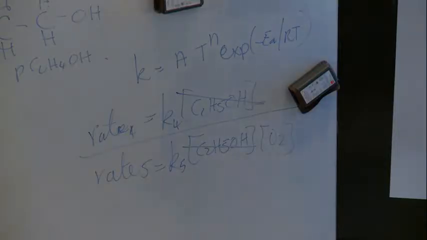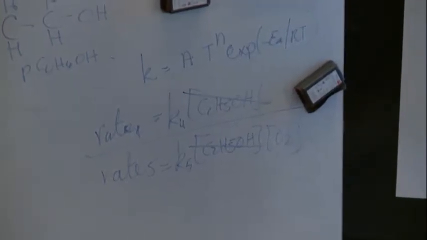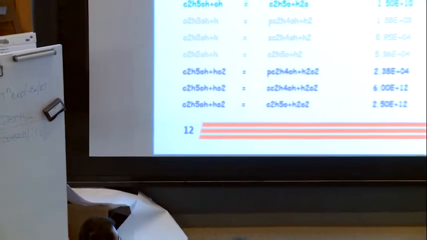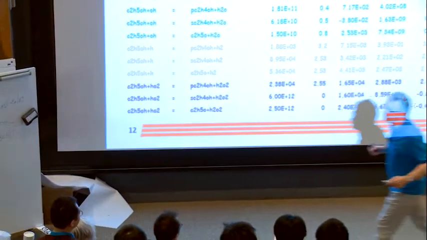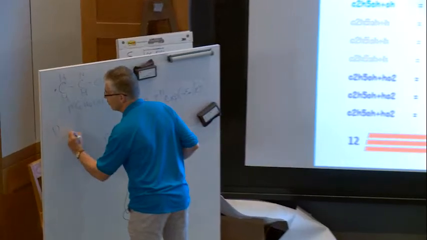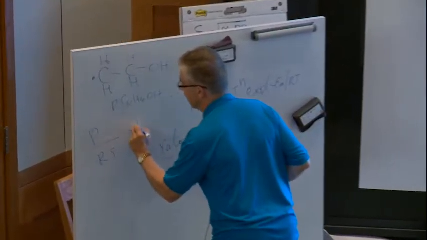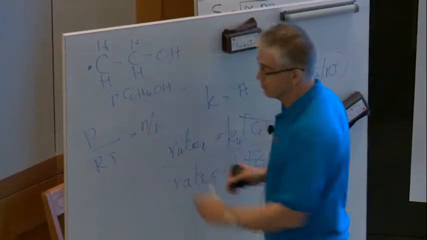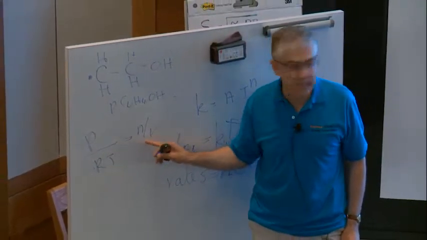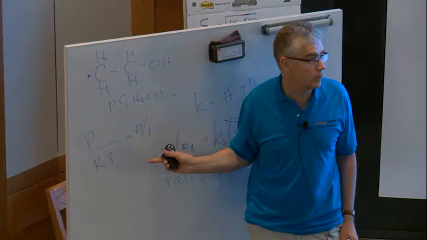Say we have ethanol in air at 10 atmospheres. What's the concentration of O2 then at 1,000 Kelvin? How do we work that out? P over RT is equal to N over V, which is concentration. So the partial pressure of O2 over RT will be the concentration of O2.